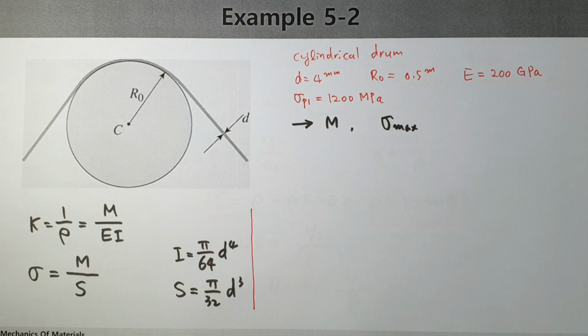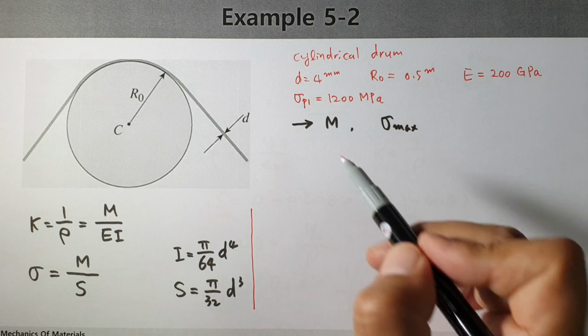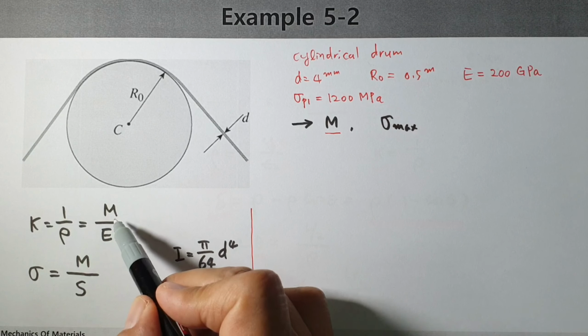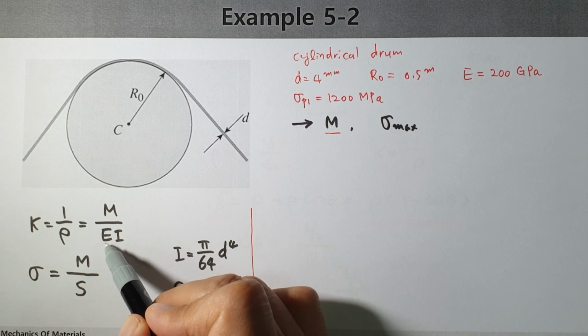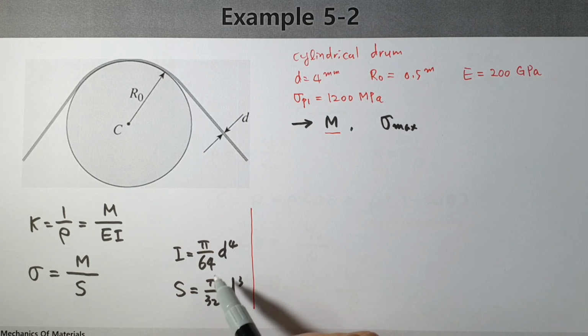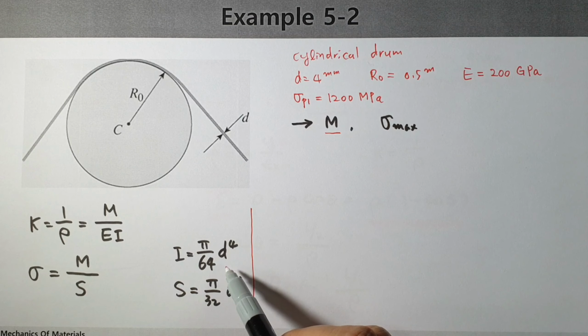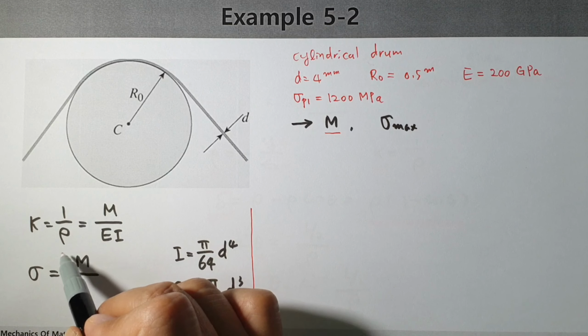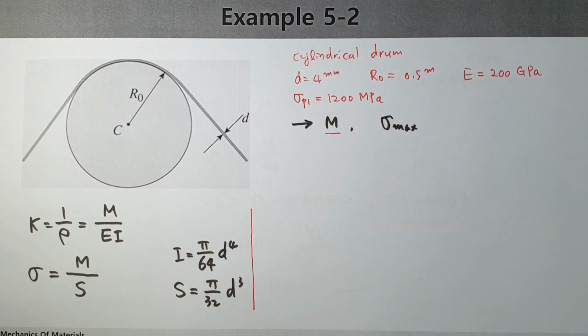Okay, first let's think about moment. In order to find moment, E modulus of elasticity is given, and I is calculated by this formula. And when you know the rho value, radius of curvature, then you can calculate moment.